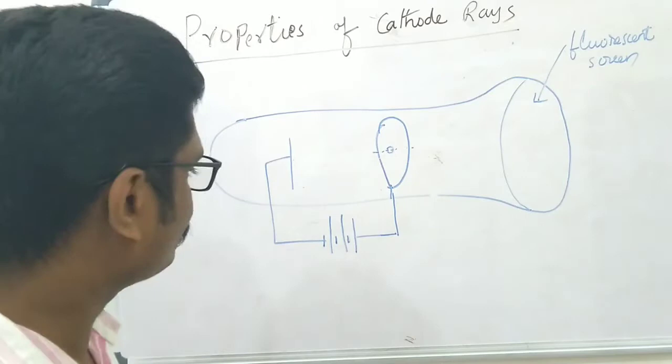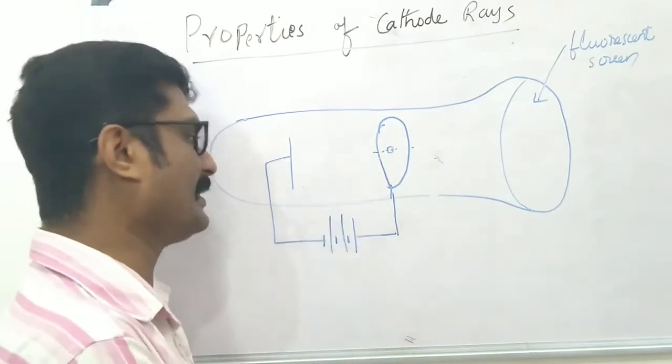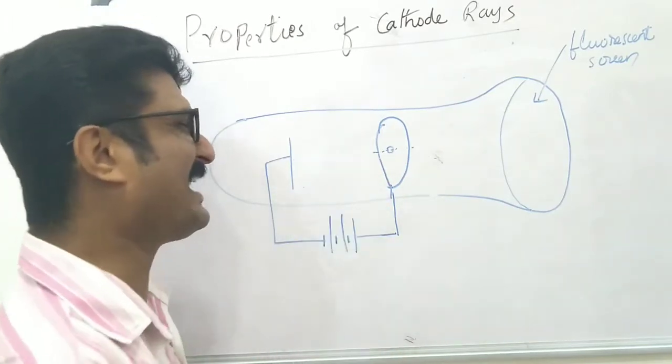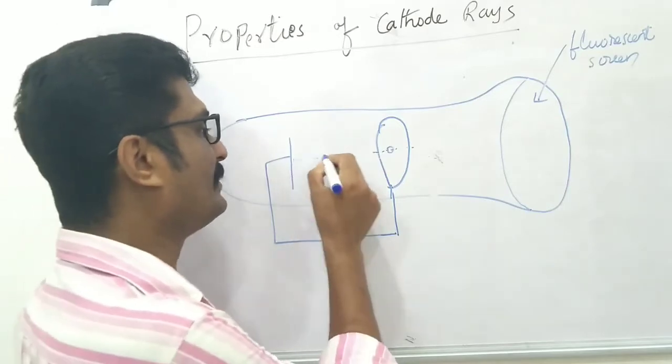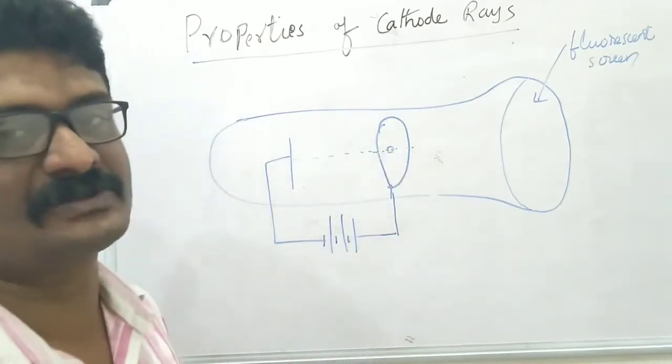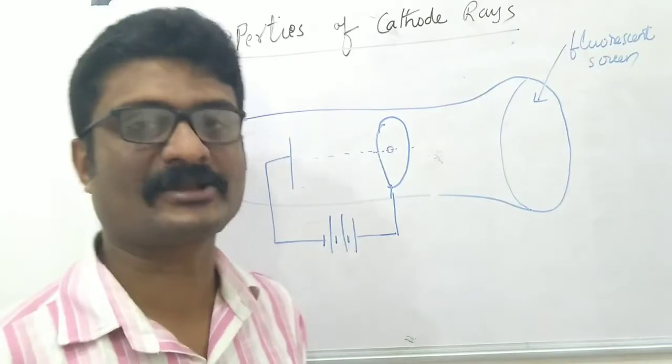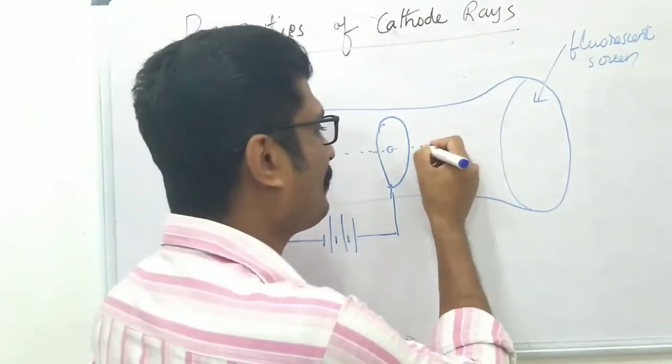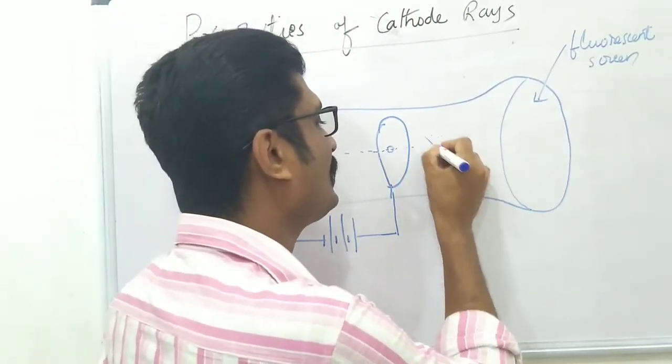Already we know when high voltage is applied to cathode and anode, cathode emits some invisible rays. These rays are called cathode rays.